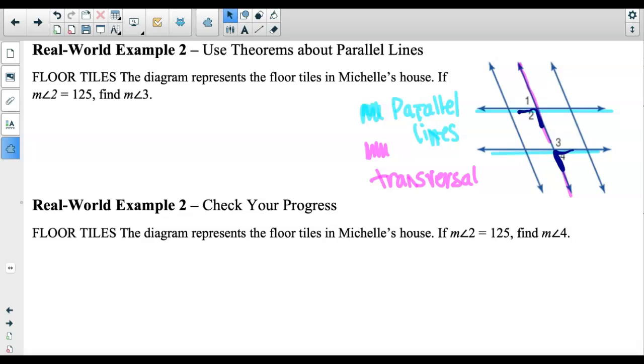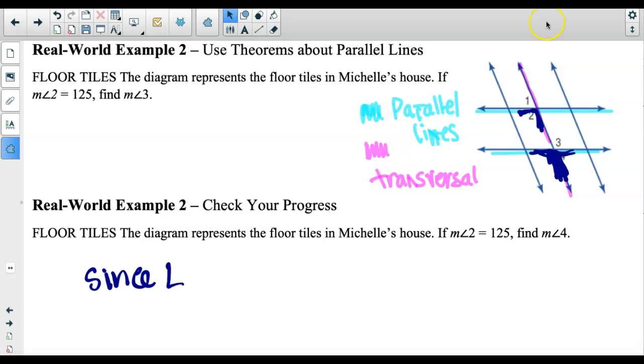So it turns out that we could see that they actually could form a linear pair if we were to take this angle and shift it down here. So by taking that angle and shifting it down, it's making these two a linear pair.